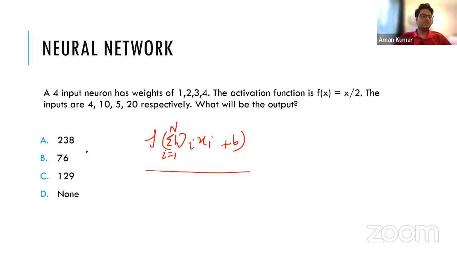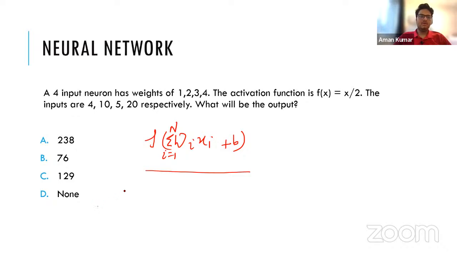Option C or option B or option A or none? 119/2, so none. 119/2, okay. 190, 190. How?